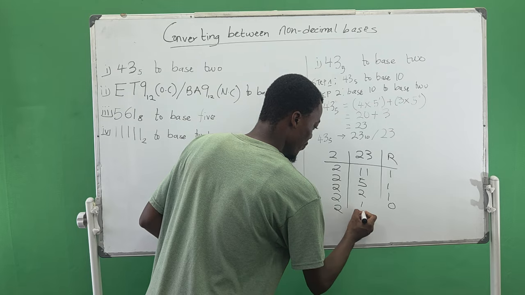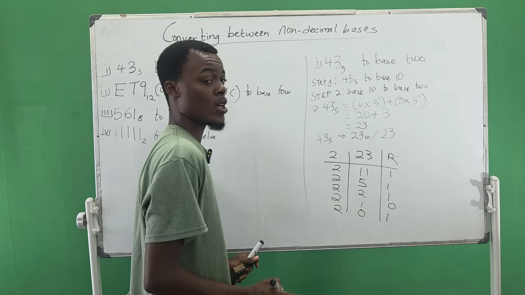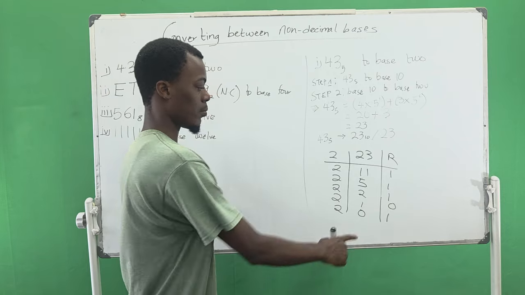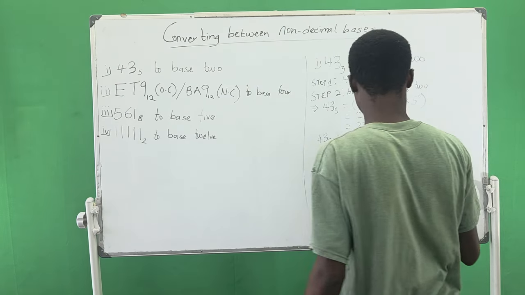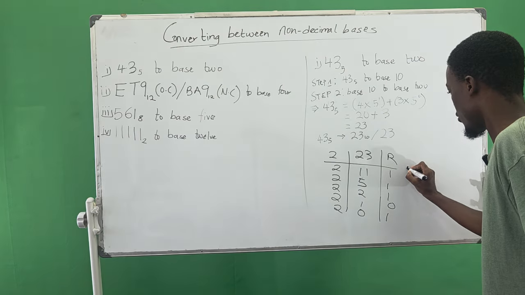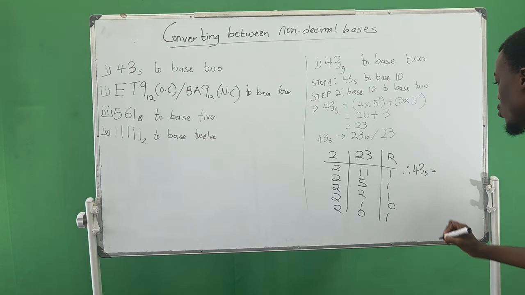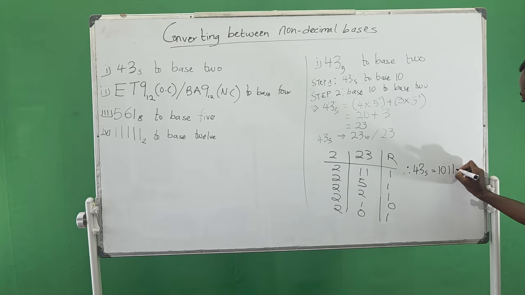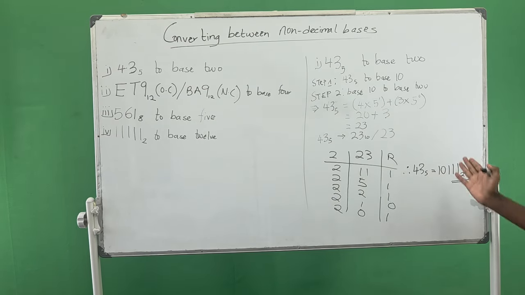And finally, 2 into 1 is 0, remainder 1. Now you write it from down to up. Therefore, 43 base 5 in base 2 is equal to 10111 base 2. So this is for I.